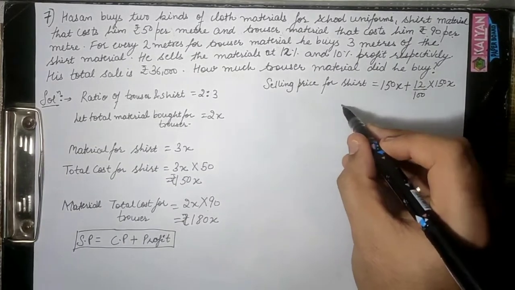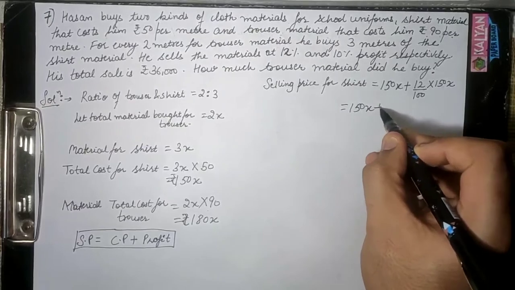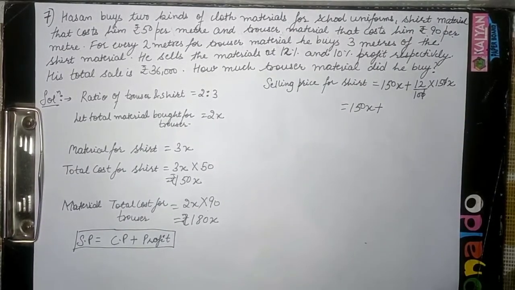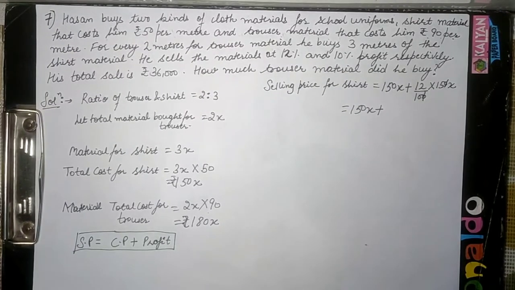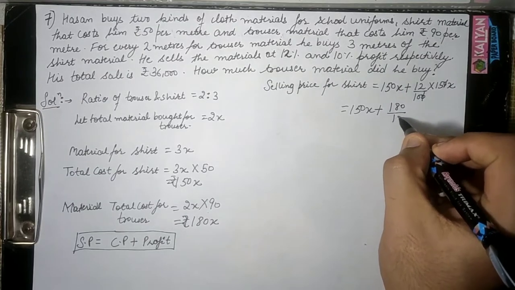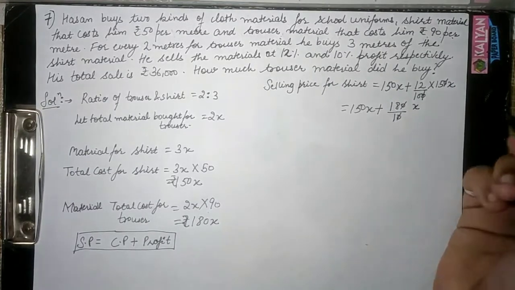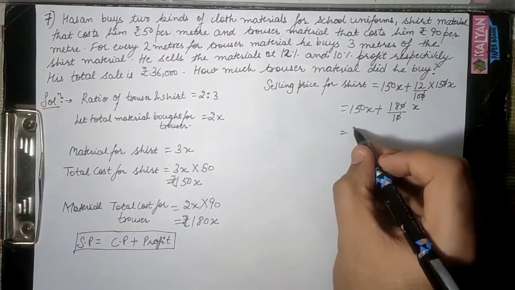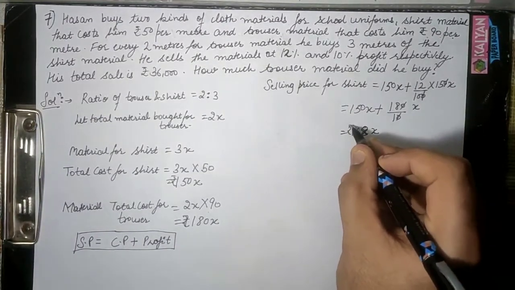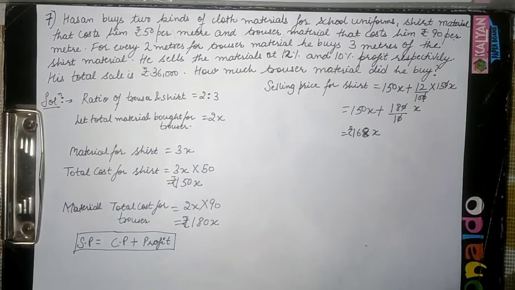So this will be equal to 150x plus 15 into 12, that is 180 upon 10x. So this 0 will cancel. So 150 plus 18, that is 168x. So this is the selling price for shirt.